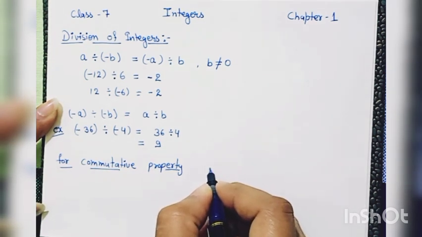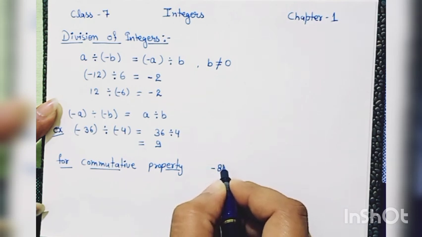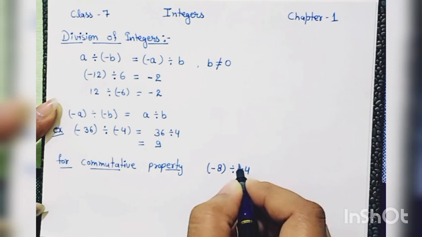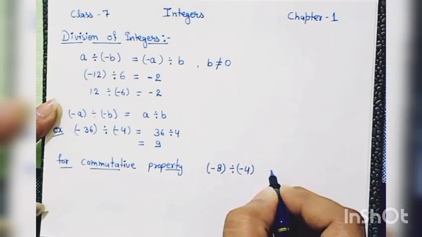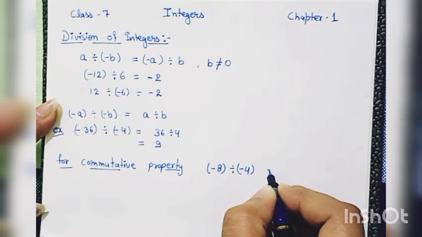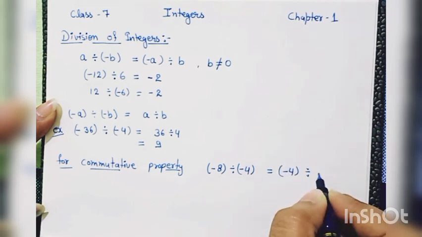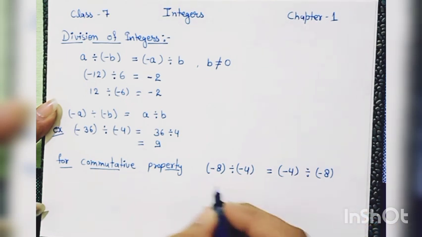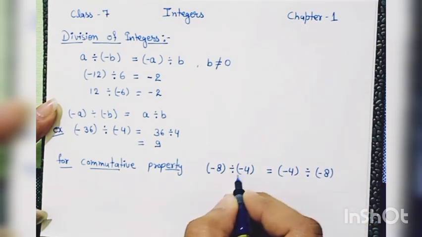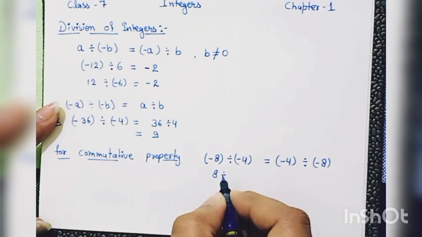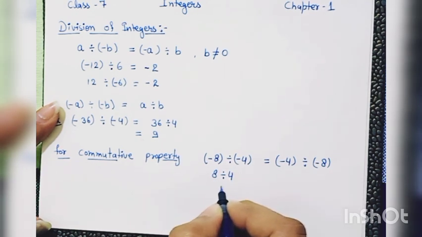In the case of integers, I am taking the example minus 8 divided by minus 4, and on the other side, minus 4 divided by minus 8. Now I have a solution. Minus and minus will cancel. The number will be 8 divided by 4 and the answer will be 2.